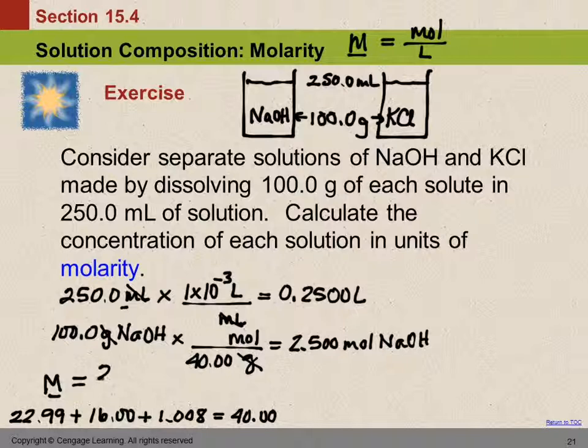So we've got the 2.500 moles. I'm going to do this in a different color because it's all getting jumbled up together. So the molarity is going to equal the number of moles, 2.500 moles, divided by the volume, which was 0.2500 liters.